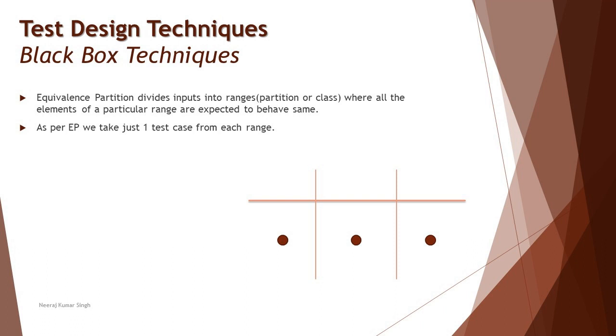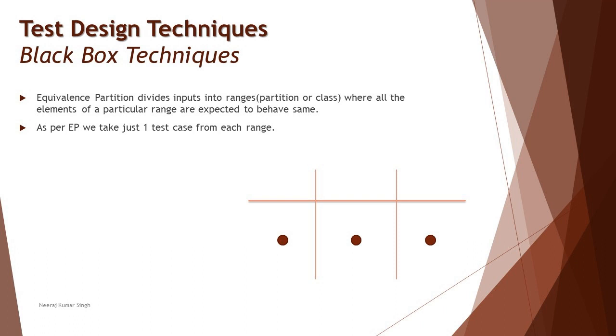At the same time, because this is not the only technique which can be applied under black box, we are talking about a scenario where you have mathematical ranges. The mathematical ranges could be any kind of ranges where any element within a particular range will behave the same.